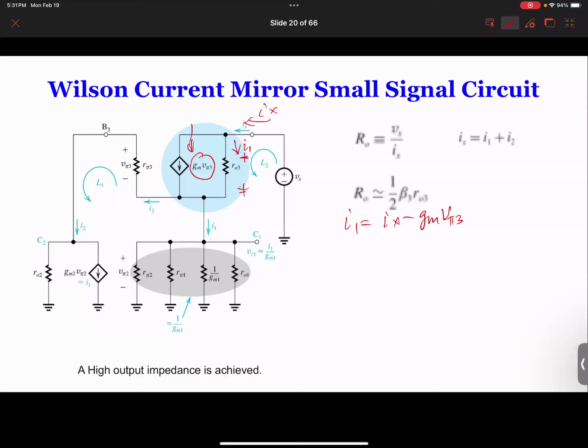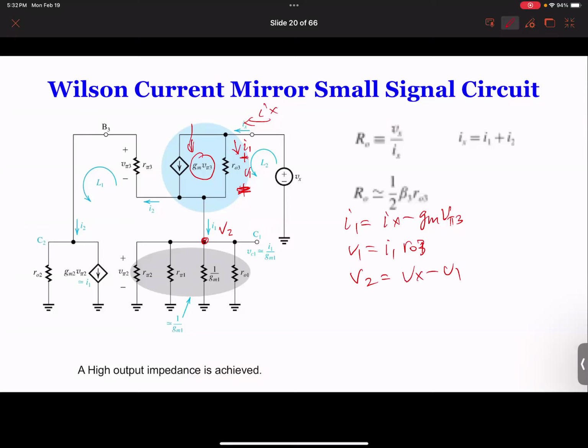Plus minus here, I call it V1. So V1 equals I1 times RO3. That's how they get that voltage. So if you have V1, then how much voltage is here? V2 is Vx minus V1.